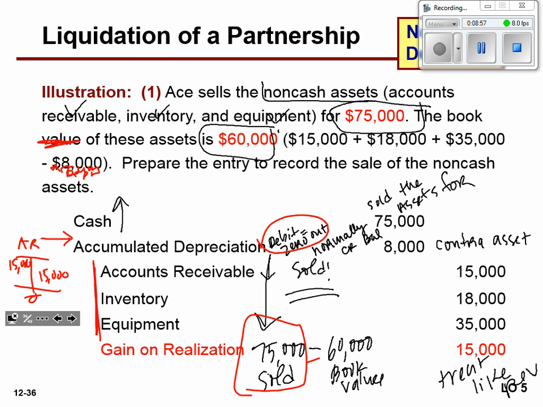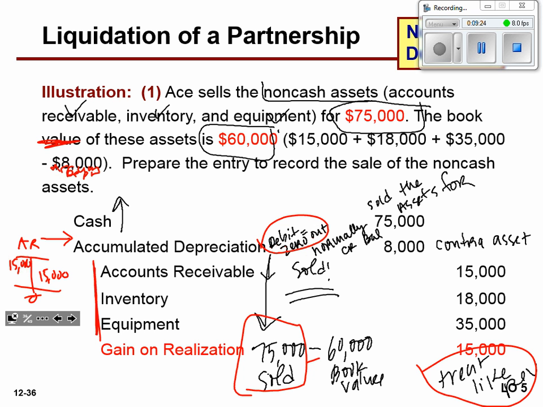Finally, we have a gain on the realization that's appearing in red because the stuff was valued at $60,000. We just sold it for $75,000, hence the gain on realization. It's a credit because you need to treat it like revenue. It's like money in. What do you think a loss would be? A debit.